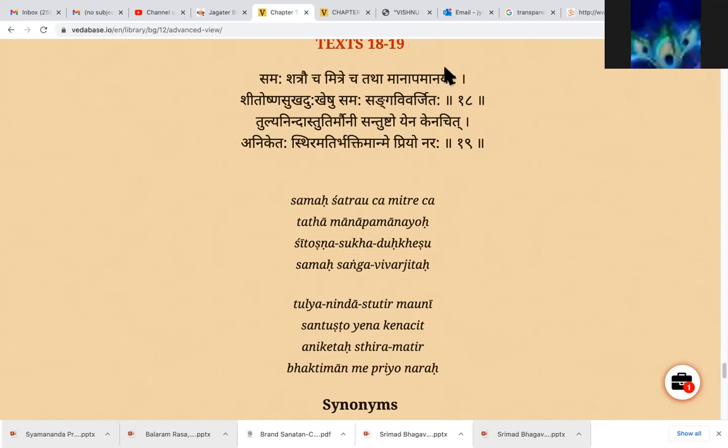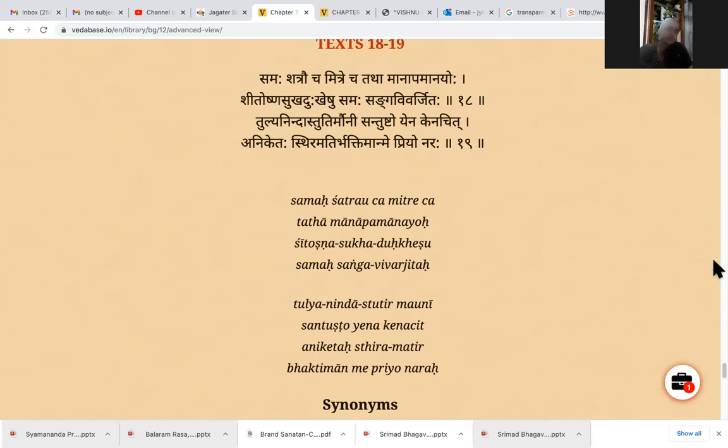Mataji, could I try? Yes, Shruti, go ahead. Sama shatrau cha mitre cha tada mana pamanayo shitoshna sukha duhu keshu sama sanga virajita. Vivarjitah, or vivarjita.